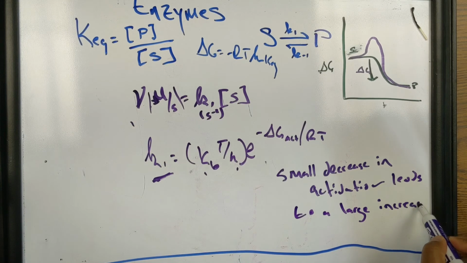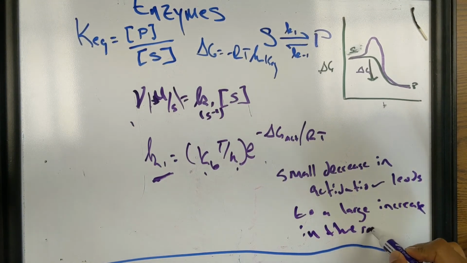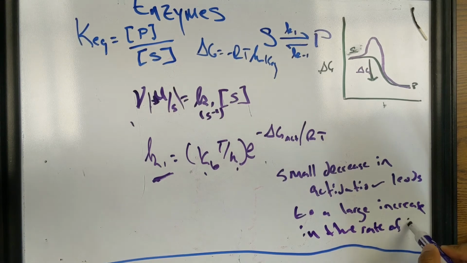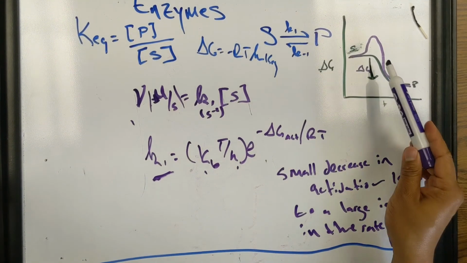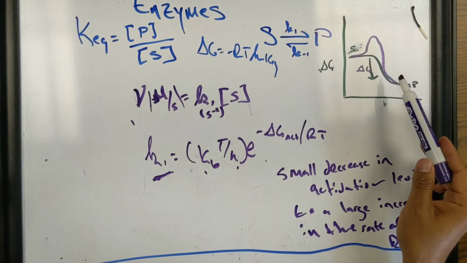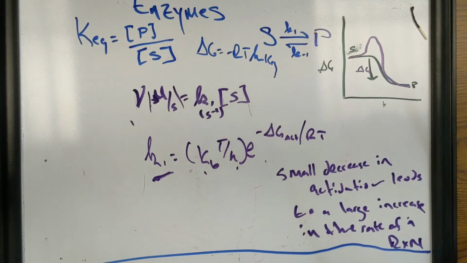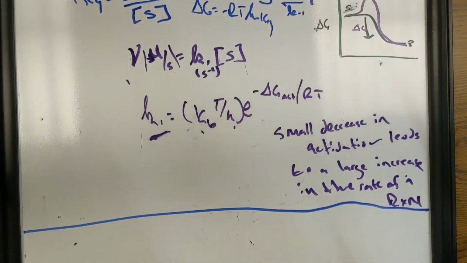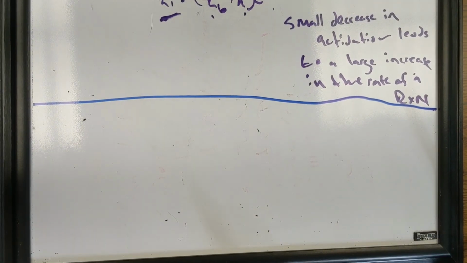And so this is the trick that the cells exploit. They use enzymes to shrink the activation energy and therefore dramatically increase the rate of a reaction. So just to look, and this is the basic step, and we'll see this over and over again.